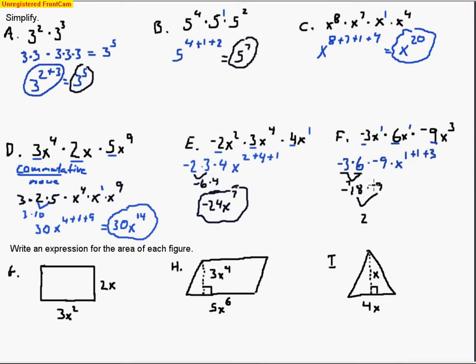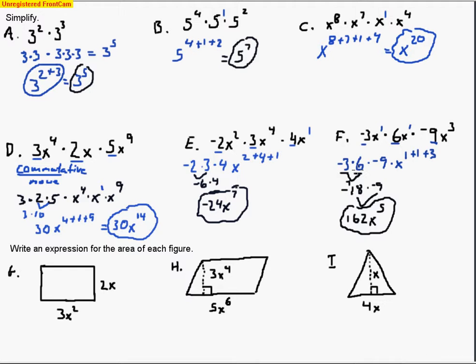And 1 times 9 is 9, plus 7 makes 16. Notice the two negatives here are going to cancel each other out because a negative times a negative makes a positive. And then I go ahead and count up how many x's I have. Here I have 1 and 1 make 2, plus 3 makes 5. So 162x to the 5th power would be the answer.